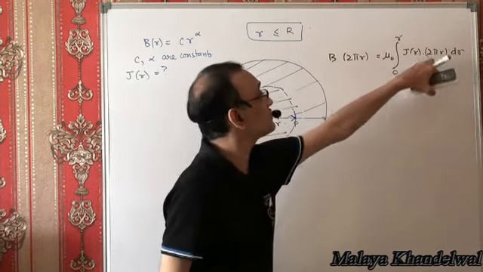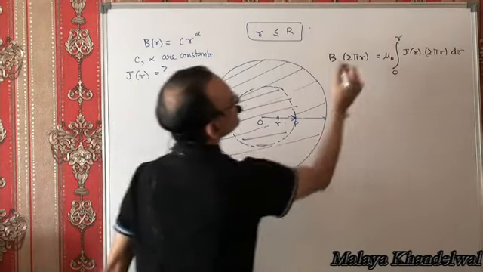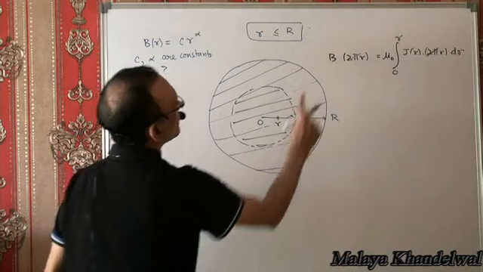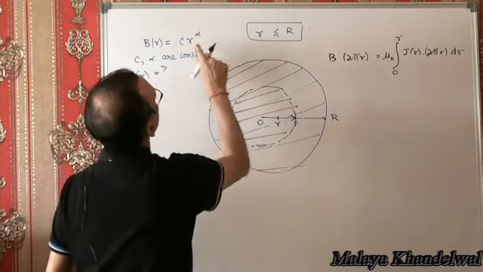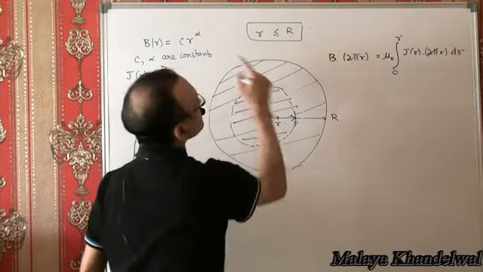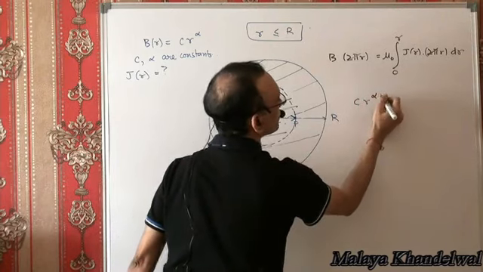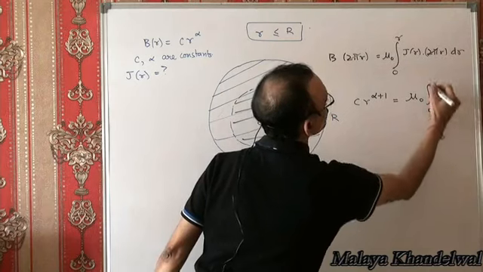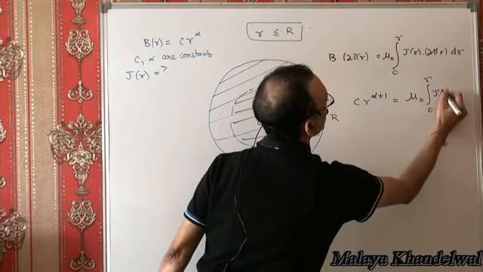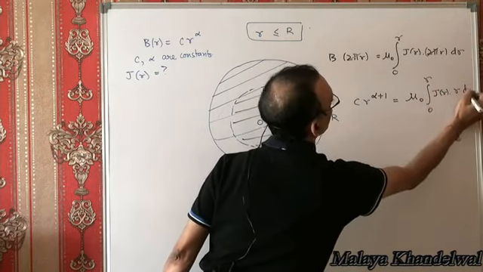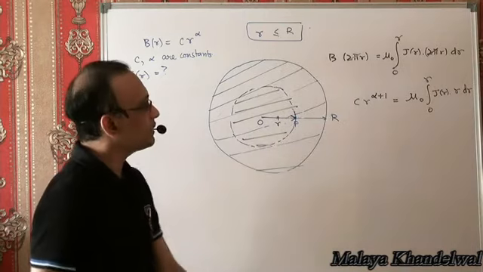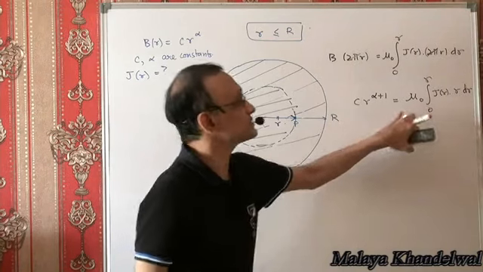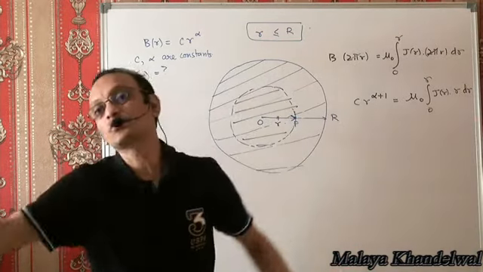I want to find J as a function of r, right? So first of all, let me remove the clutter from here. 2 pi gets cancelled, and B is written as C r to power alpha. So this becomes C r to power alpha plus 1 equals mu naught times the integral from 0 to small r of J at r into r dr. I'll apply Leibniz rule of differentiation under the integral sign to scoop J(r) out.